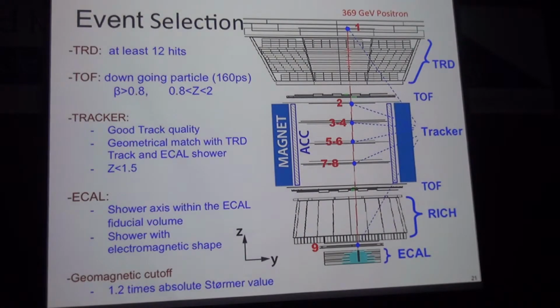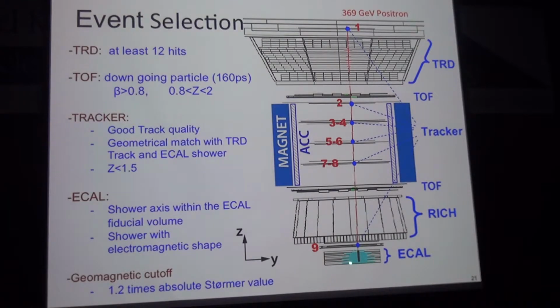This picture shows a typical good event, where out of 20 layers of the transition radiation detector we require 12 hits, and we require a very good track from the tracking detector with good signal from all 9 layers, and the track has to agree with the track from the transition radiation detector.